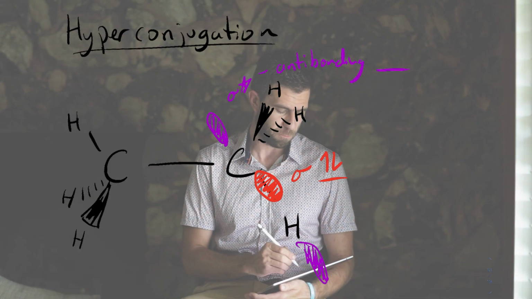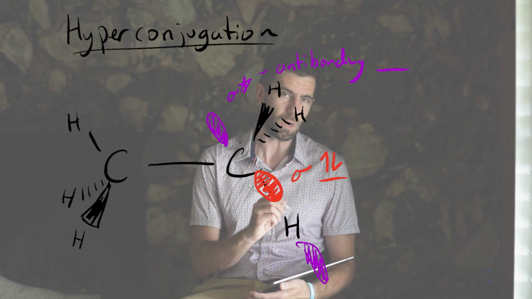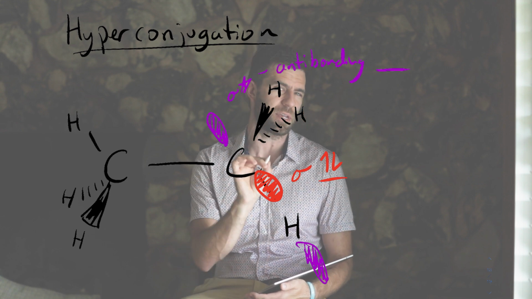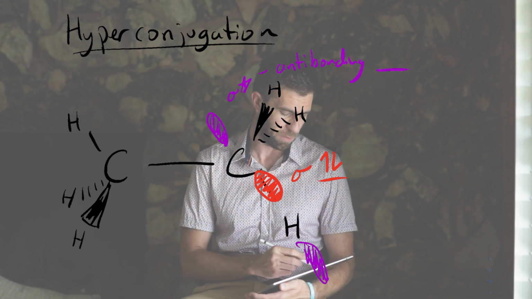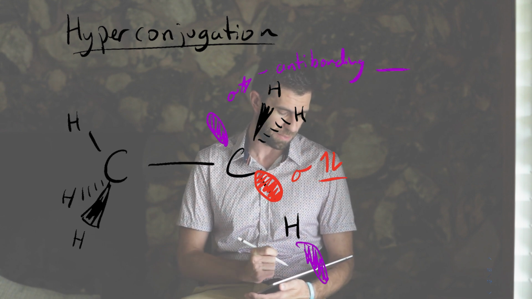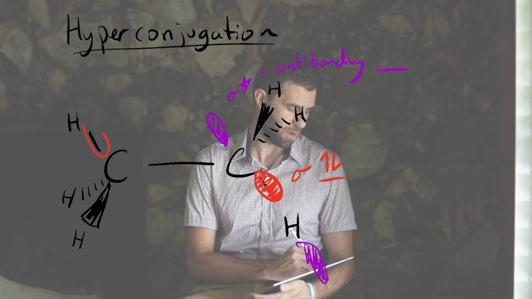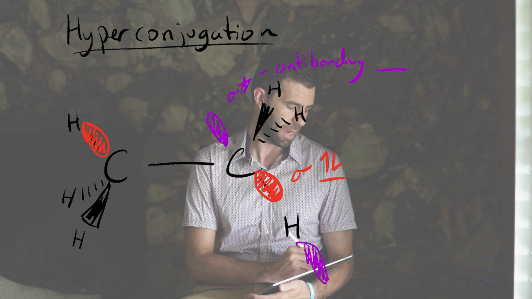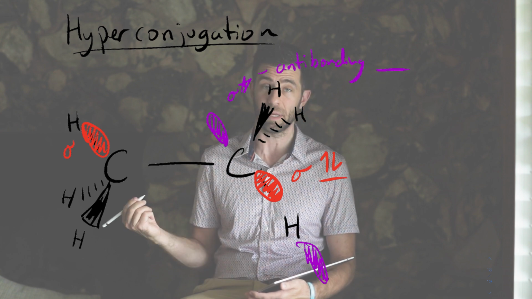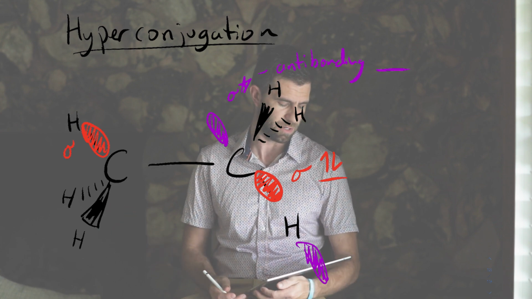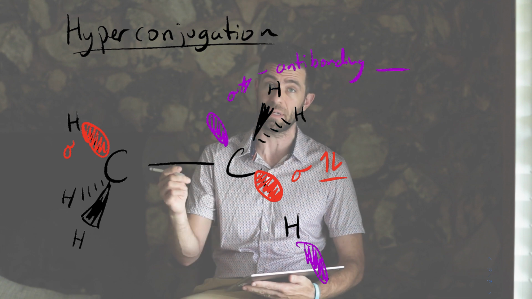Now, if we look at this, what we'll notice is something very interesting here. We'll notice that if we look over at this other hydrogen right here, it also has a sigma bond right here, doesn't it? Yeah, that hydrogen has a sigma bond in the same exact way.